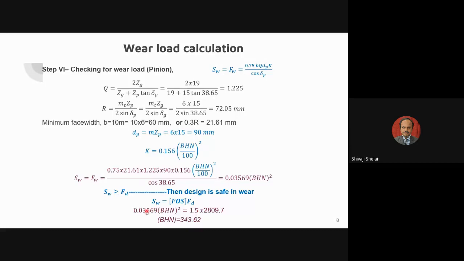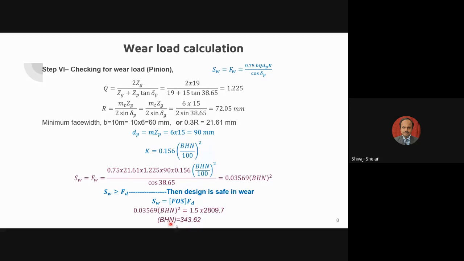So we have the SW value here. Then we have the factor of safety assumed here as 1.5, and the FD value we have calculated in the previous slide. This calculation is done. By putting these values, we get the minimum BHN value required here as 350. See, we have selected certain parameters based on the surface hardness, BHN, and mostly we have selected hardness less than 350.